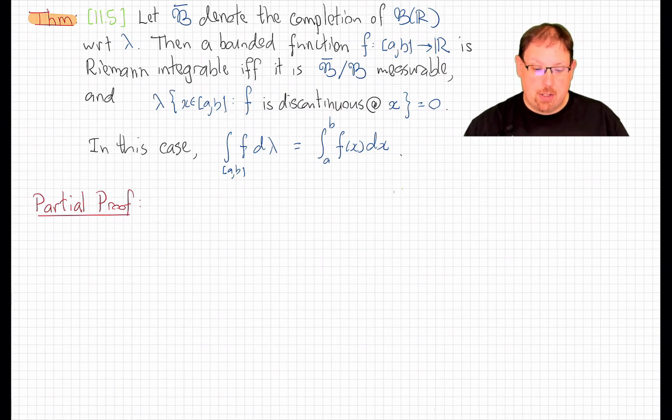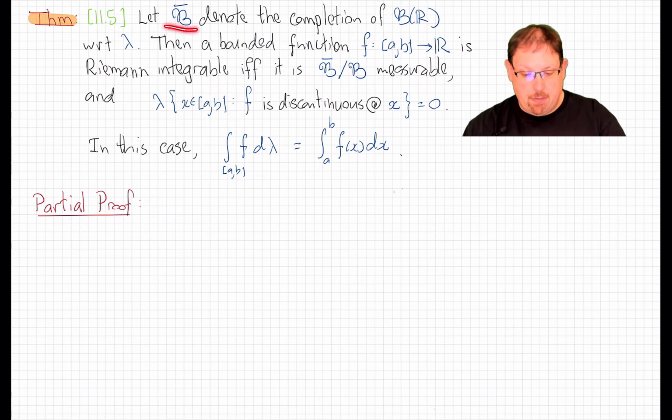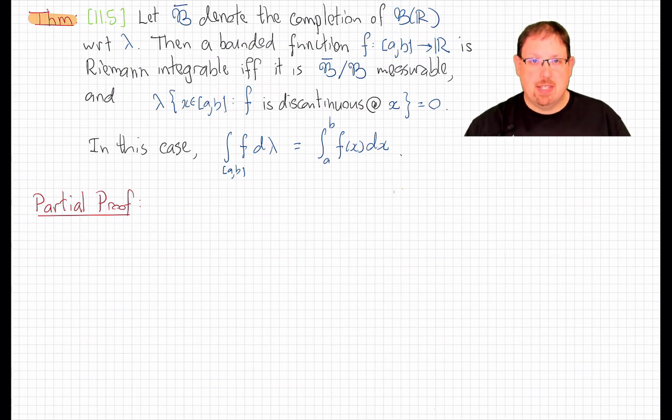And here's where it's critical that we deal with the Lebesgue sigma field, because Riemann integrable functions need not be Borel measurable. The set of discontinuities of a Riemann integrable function can be a subset of a Borel set of measure 0 that is not itself a Borel set.